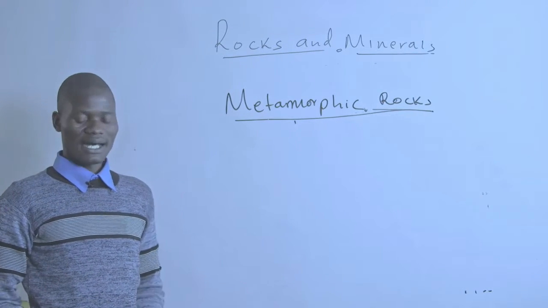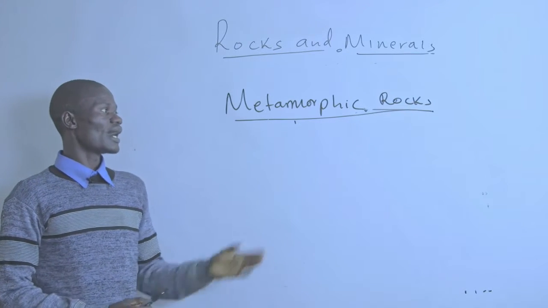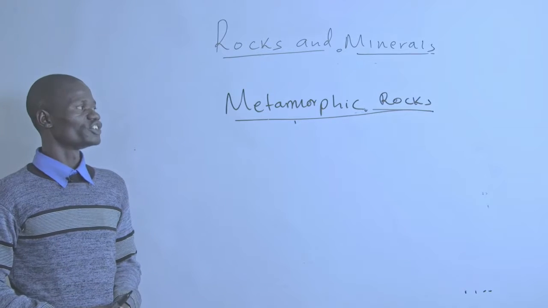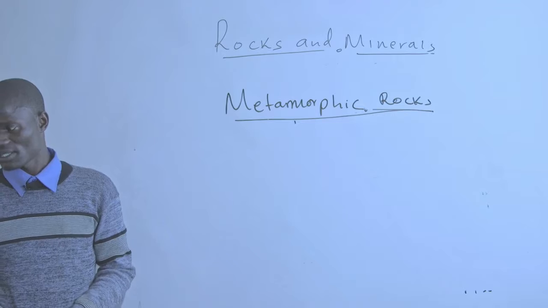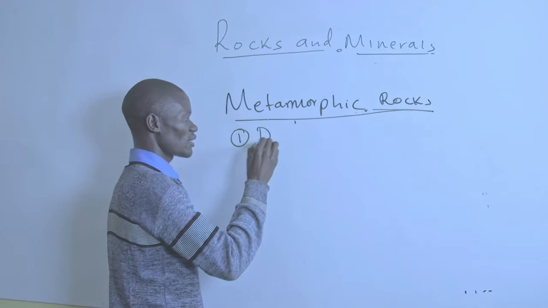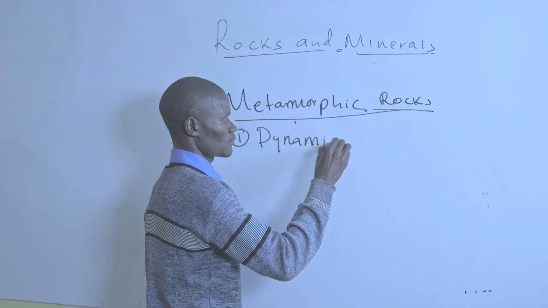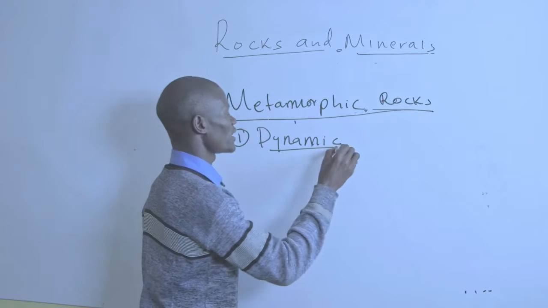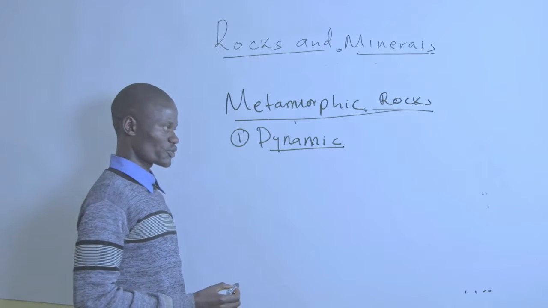Therefore, there are three ways in which a rock can be changed into a new appearance. One is through the dynamic. Therefore, we have what we call dynamic metamorphic rocks.